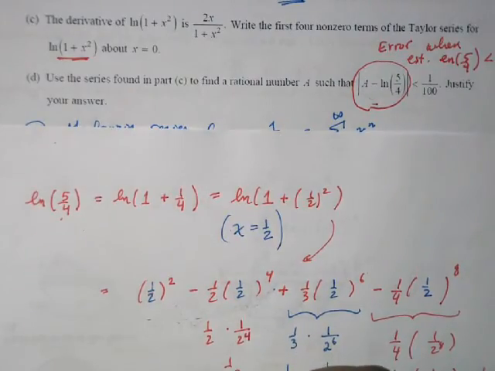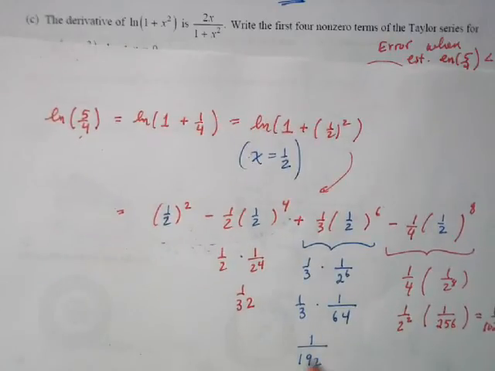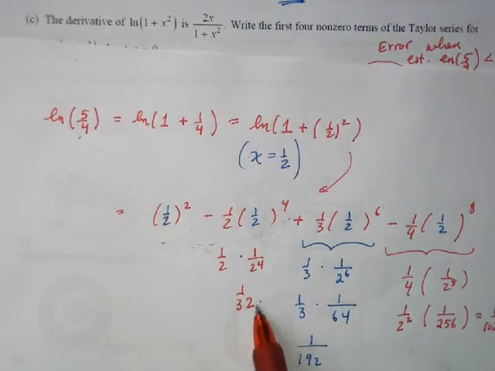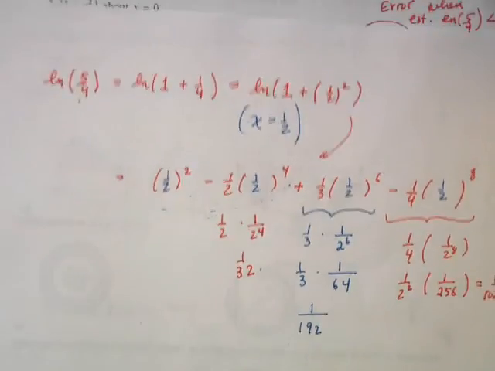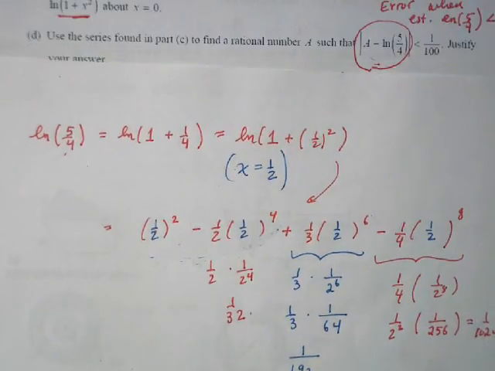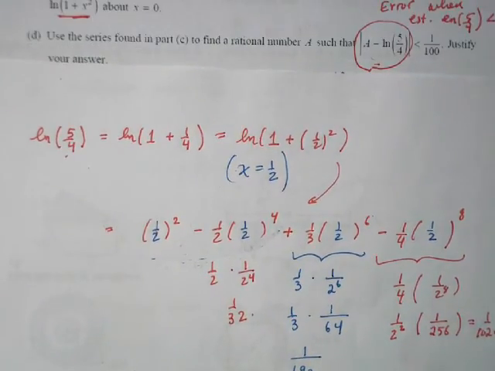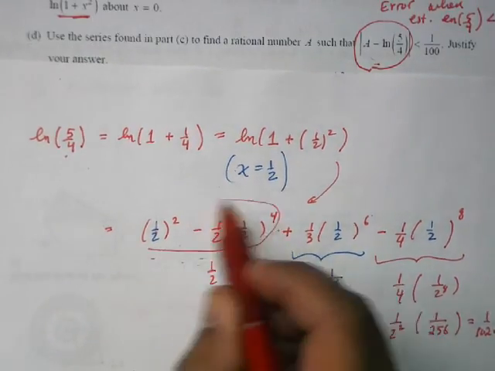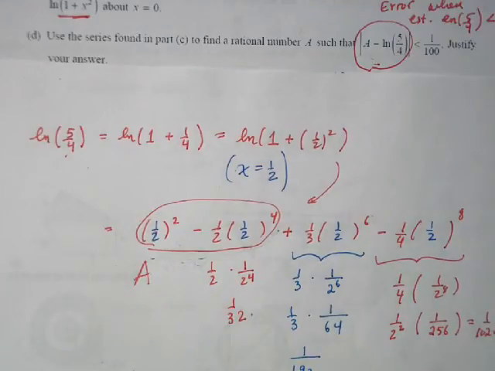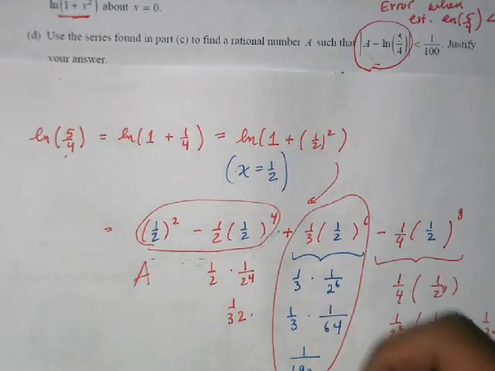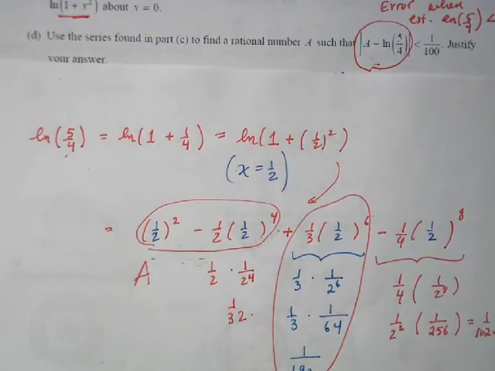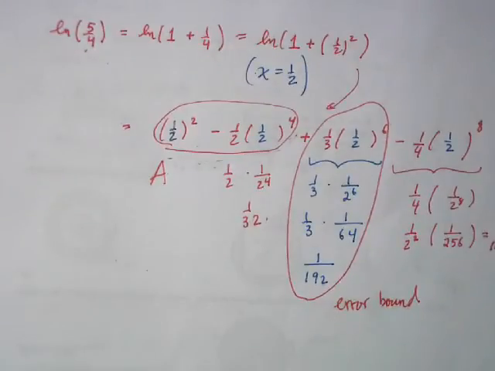So this part right here is 1/2 times 1/2 to the 4th. So that's 1 over 32. Now 1 over 32 is definitely bigger than 1 over 100, and 1 over 192 is definitely smaller than 1 over 100. So you want to take this part right here and call it A, and you want to take this right here and call it the error.